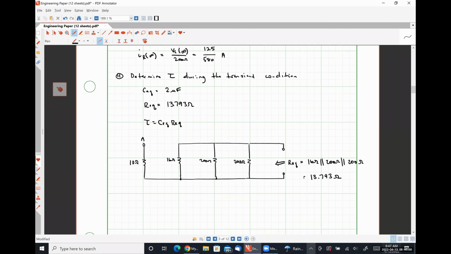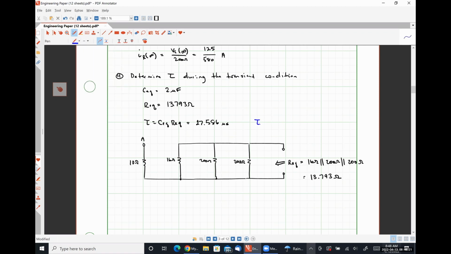If I multiply this value by my 2 microfarads, my time constant is 27.586 microseconds. And I'm going to do something a little extra here.